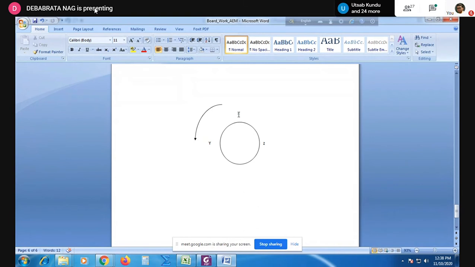For example, if your x-axis is the central axis of rotation, তাহলে তোমার y will become your left hand side, z will become your right hand side. Suppose z axis যদি তোমার axis of rotation হয়, then x will become your left hand side and y will become your right hand side, correct না?